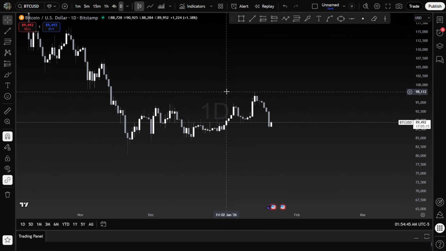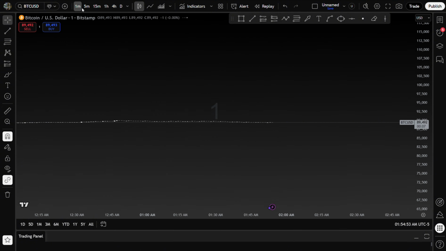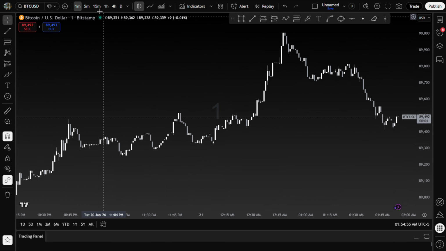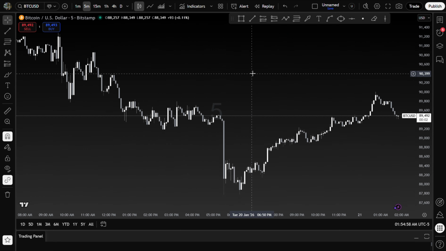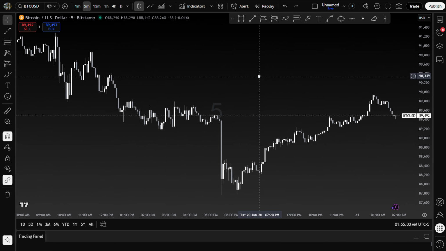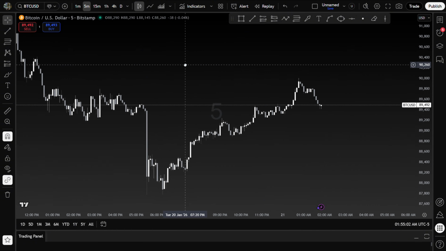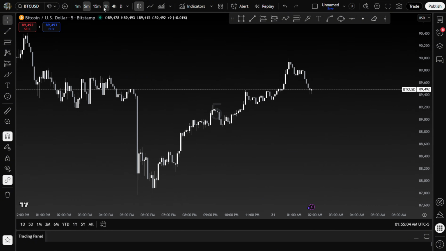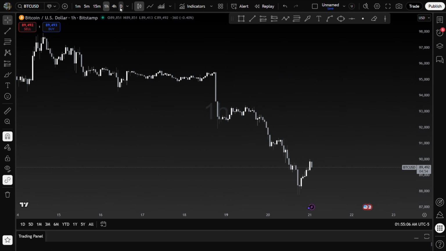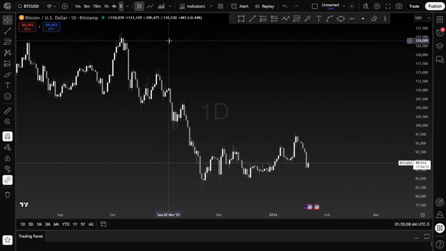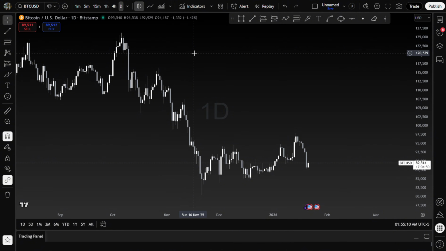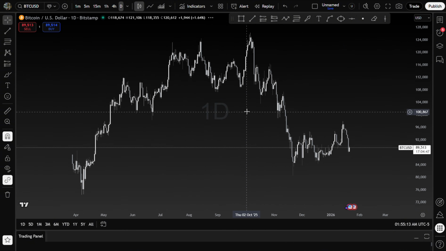I'm going to go over timeframes very briefly. Timeframes matter a lot. Lower timeframes like the 1 minute or the 5 minute are good for short-term trading and scalping. Higher timeframes like the 1 hour or the daily help you understand the bigger picture and market direction.